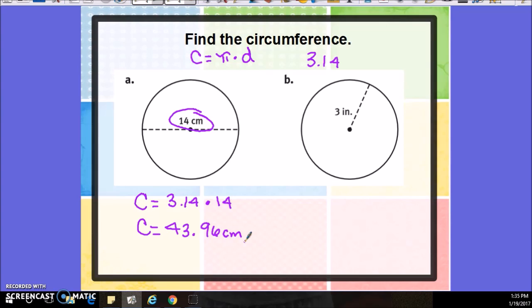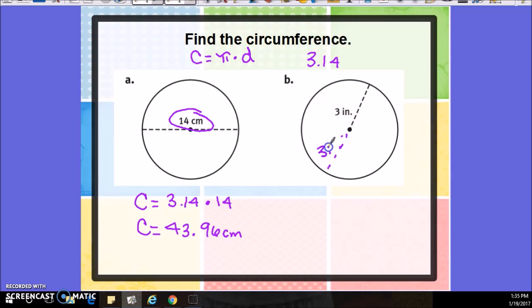For B, once again, circumference is equal to pi times diameter. What is given for B? Half the diameter, which is called the radius. If 3 is our radius, which is half of our diameter, what is the whole? 6.